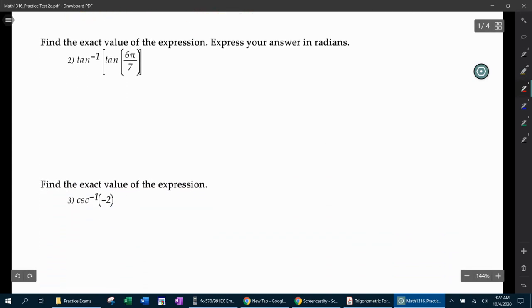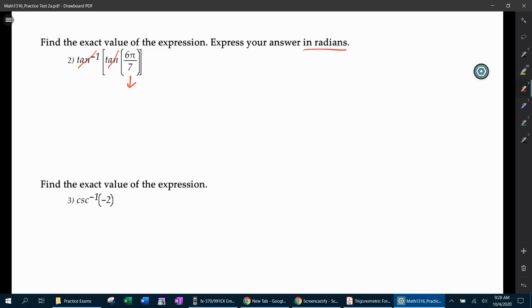All right, number 2. Find the exact value of the expression. Express your answer in radians. So this time it's in radians. And we're finding the inverse tangent of the tangent of 6 pi over 7. Remember, the tangent and the inverse tangent will cancel, meaning that this is going to be the answer if it's within the correct range of values.